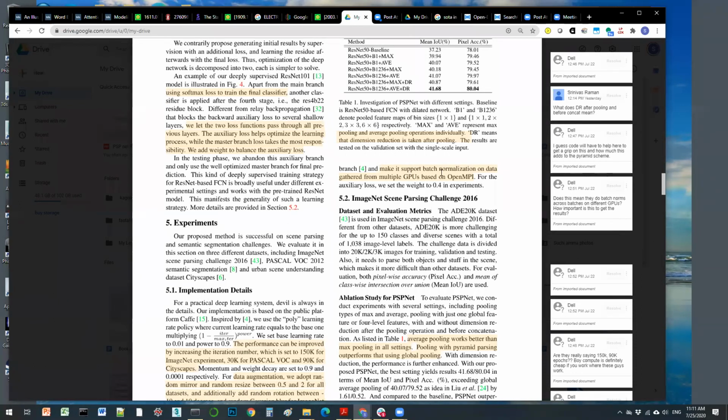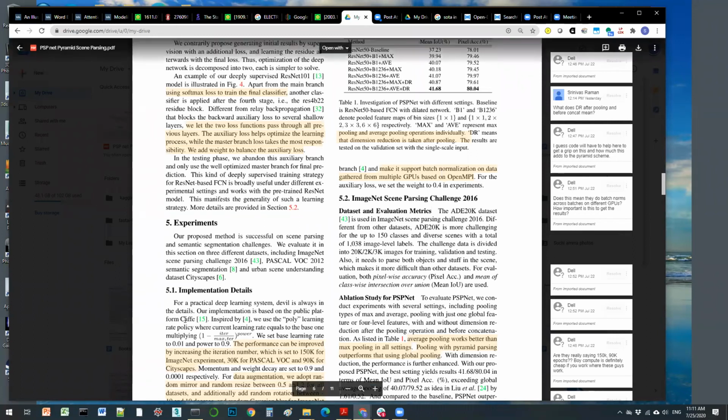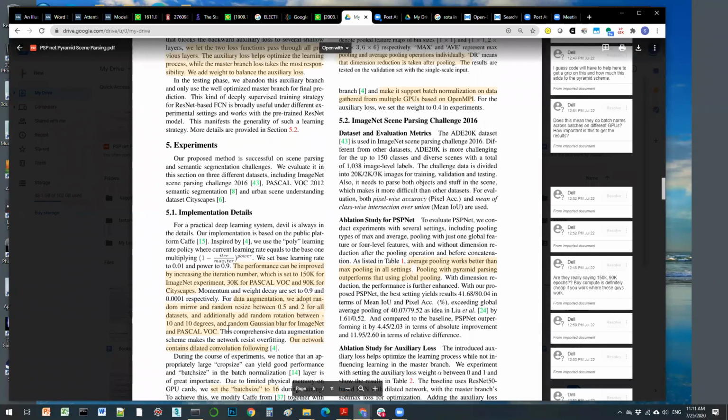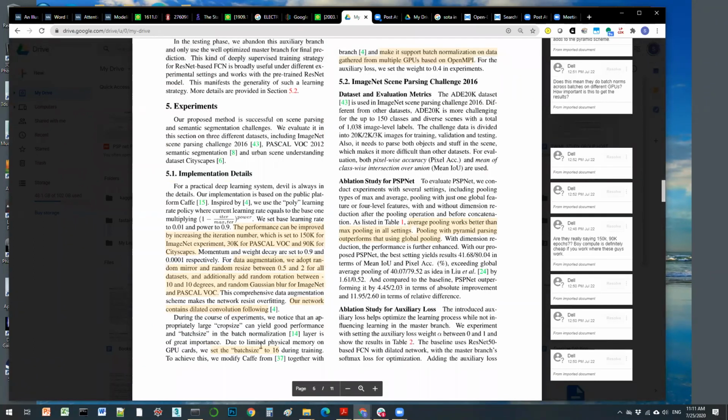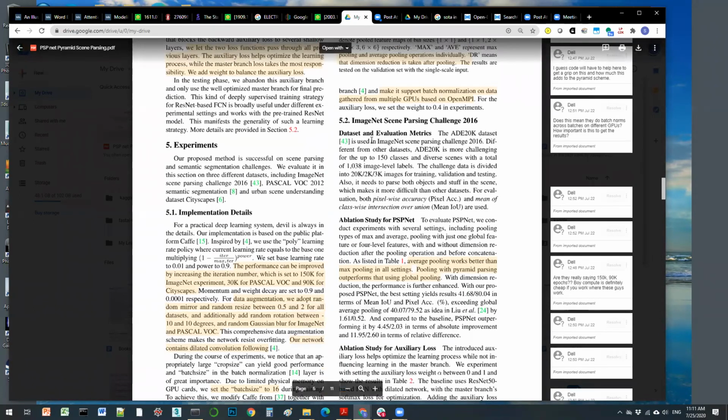That was interesting in the sense that they seem to be saying that a batch size of 16 was too big to hold in a single GPU because of physical memory. So they distributed it, but still kept the batch size 16 and then did the batch norm across the GPUs using a multi-processor communication technique, which is what OpenMPI is.